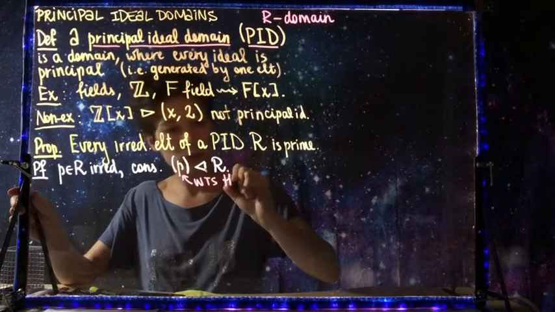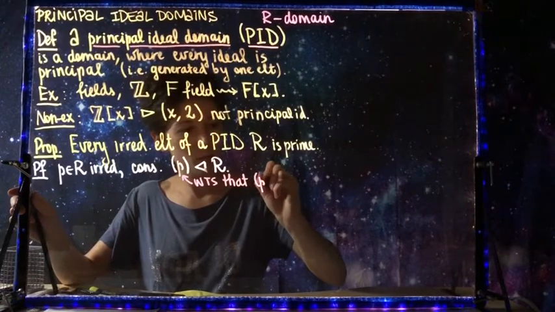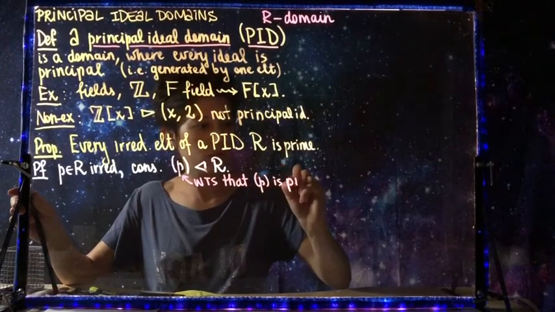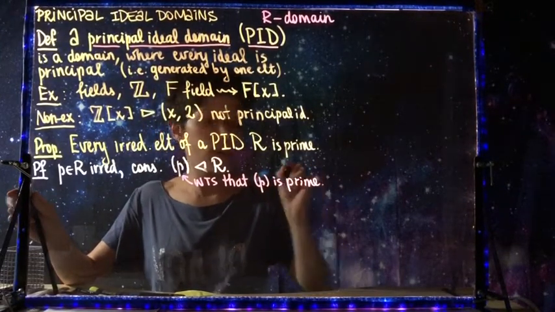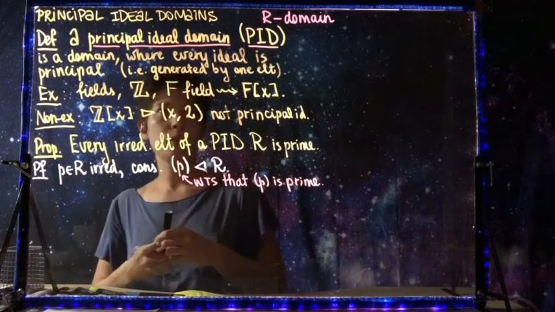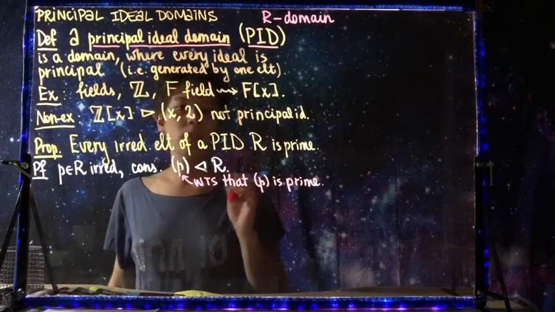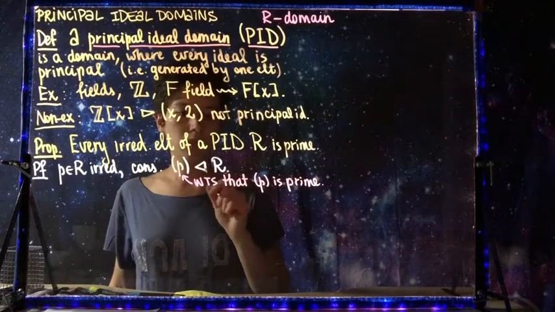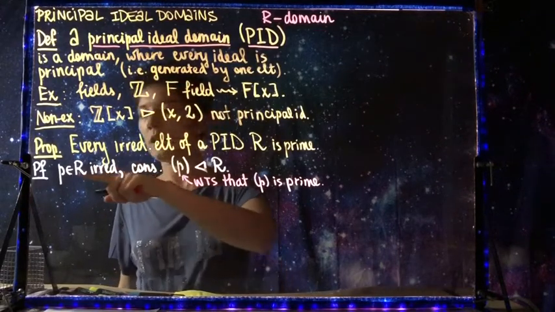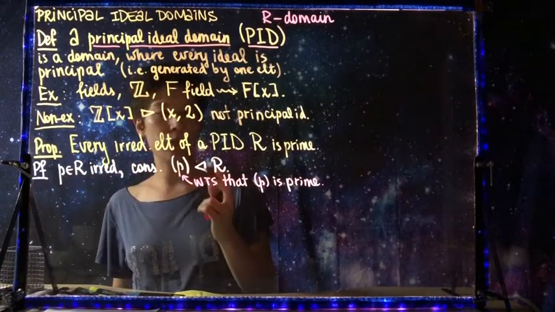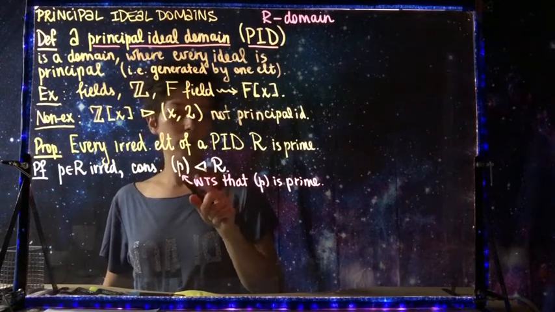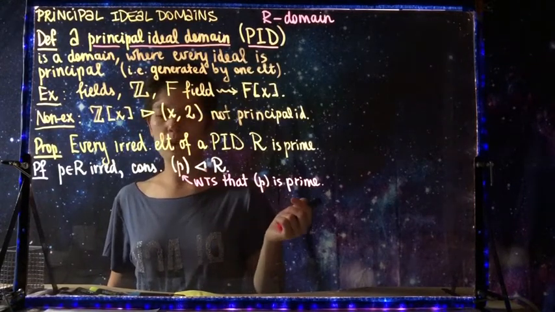We want to show that P is a prime ideal. By our definition during the last lecture, an element P is prime if and only if the ideal that it generates is prime as well.